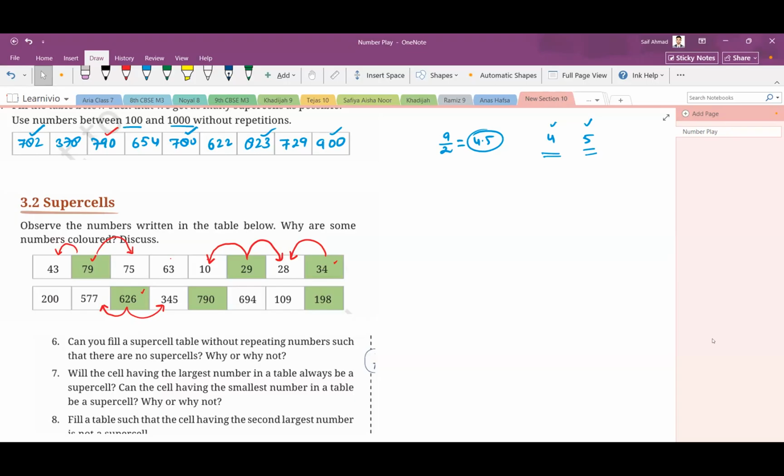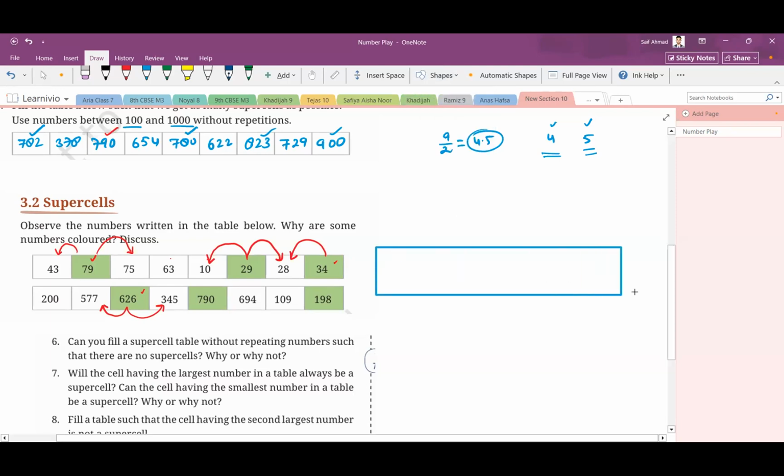No, I cannot do it, sir. Can you explain to me how to do it? For example, I'm making a table here.